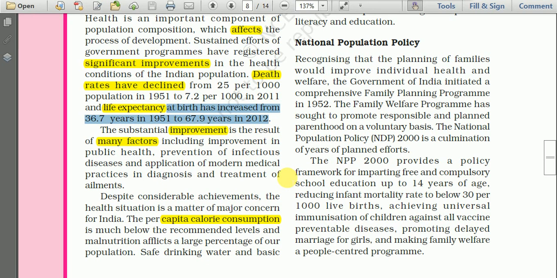In the year 1951, on an average, people may have survived only up to the age of 36, 37. But now it has increased to 67.9, around 68 years. That means most of the people in India can now live at least up to the age of 67 or 68 in the year 2012.